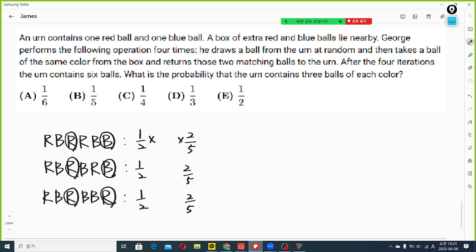And for the middle two probabilities, the denominator keeps increasing because we are adding one more each time.